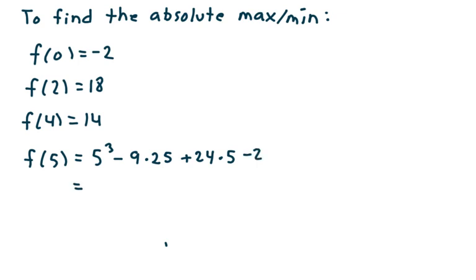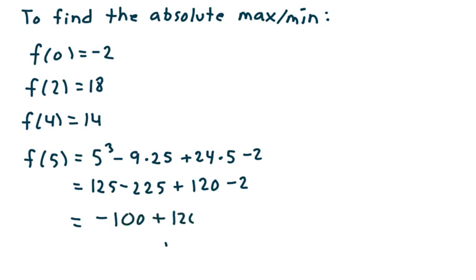And so this is 125 minus 225 plus 120 minus 2. So this is negative 100 plus 120 minus 2, which is 18.